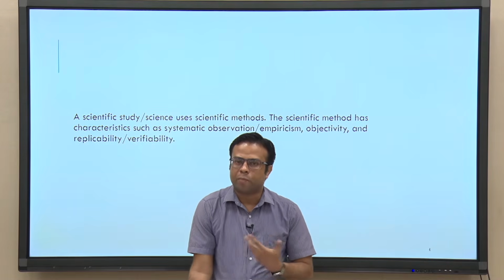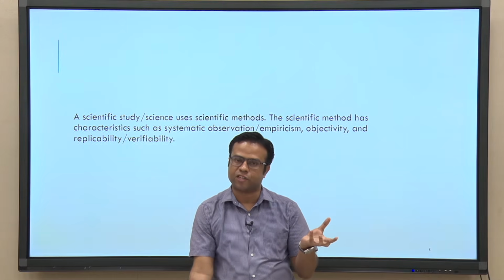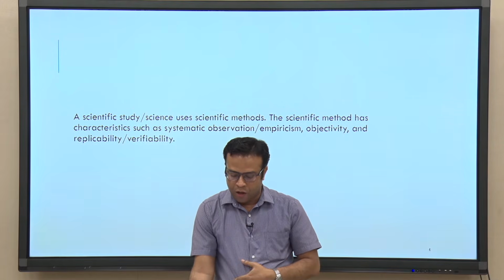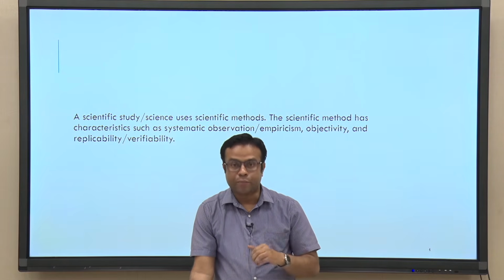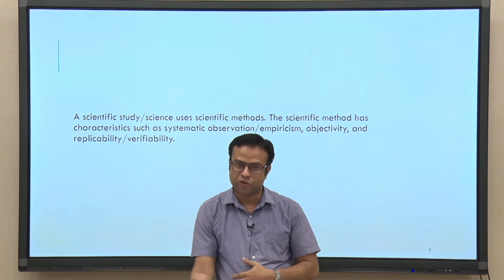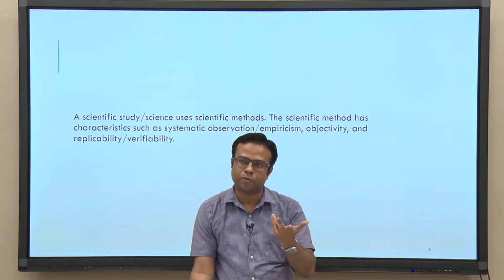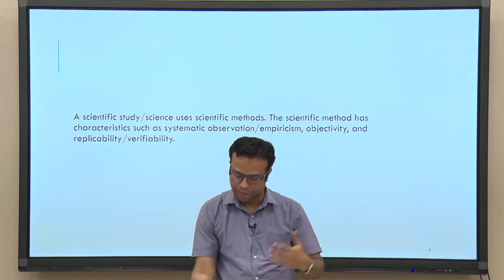So, science will not talk about something beyond observation of our sense organs, like paranormal, mysterious things probably. So, empiricism basically means that it can be observed or detected using our 5 sense organs, either directly or by enhancing using certain instruments, methods such as telescope, microscope, etc.